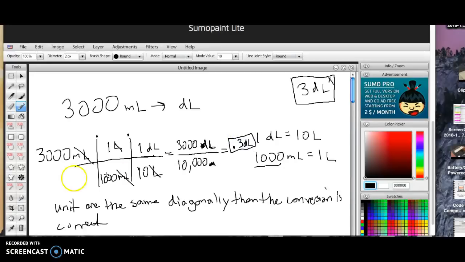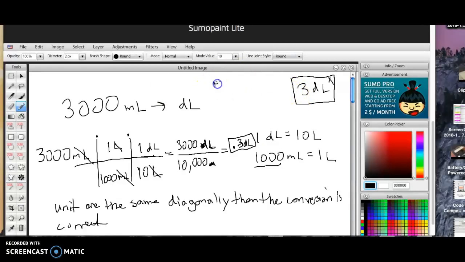So 1 robot can hold 0.3 deciliters. Now we want to figure out how many robots can hold 3 deciliters. Okay, so this is a piece, this is a whole. How many of these go into 3 deciliters?